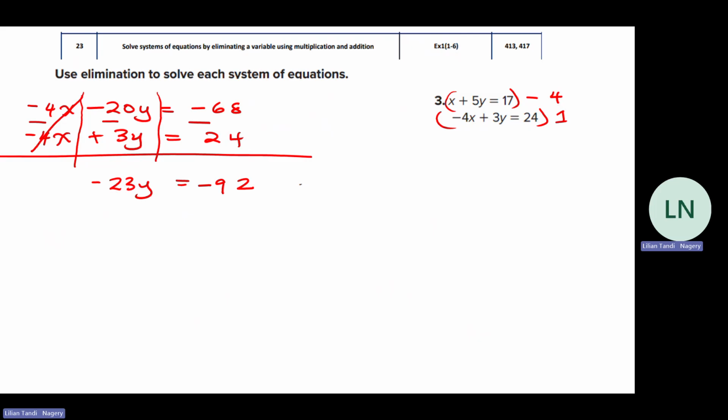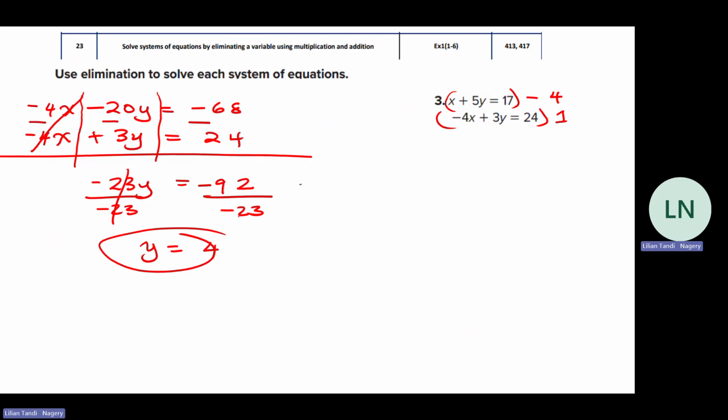Okay? So then a negative divided by negative is a positive. 92 divided by 23 is 4. So divide by negative 23, divide by negative 23. This goes away. This gives me 4.